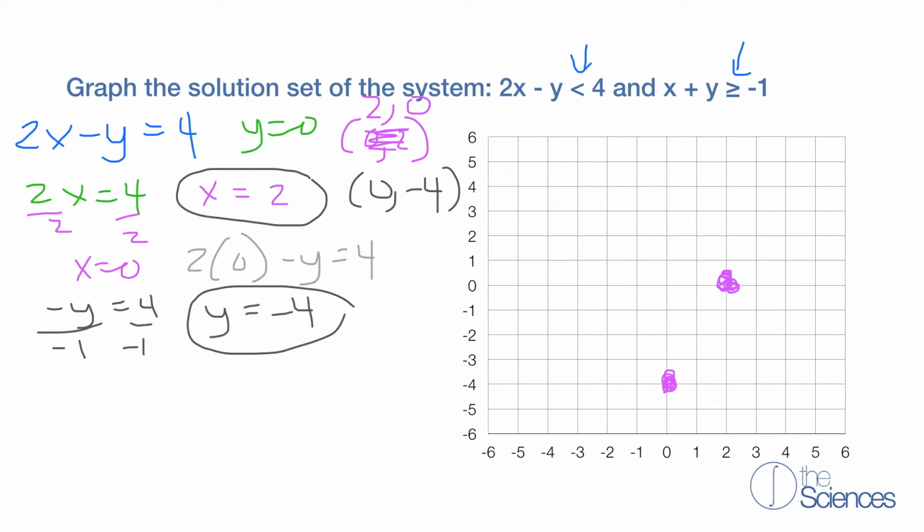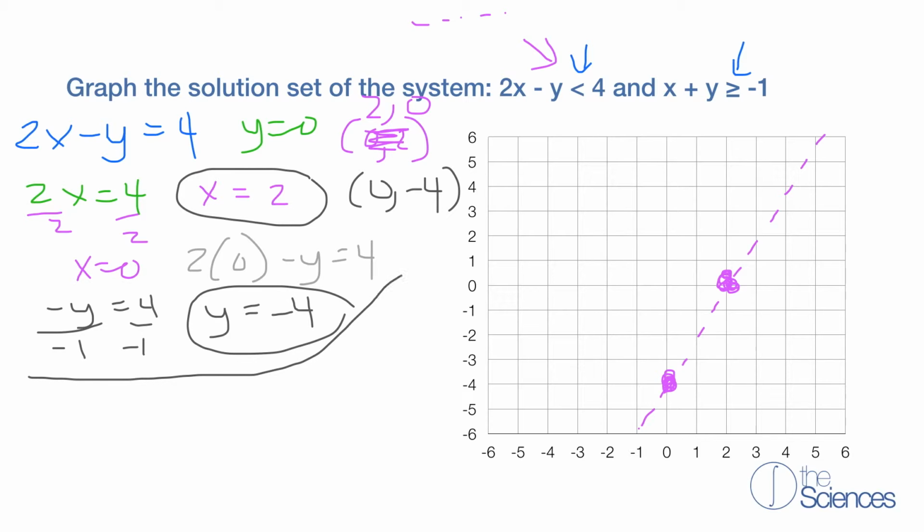Now because we're working with a less than sign, we're going to use a dashed line to connect our points. So that's the graph of 2x minus y is less than 4.